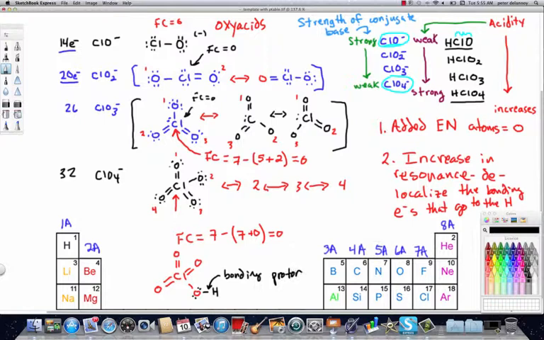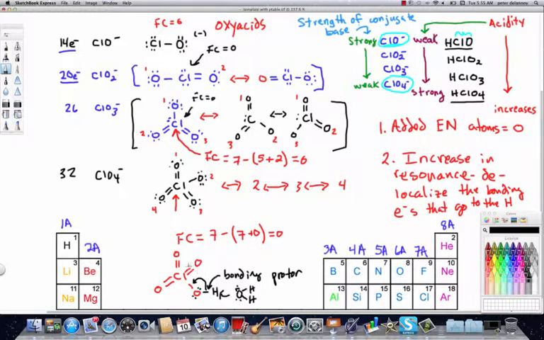And the release of the proton happens when water actually takes it, right? Water accepts the proton here. So when water actually takes this proton, these bonding electrons are basically delocalized into the molecule.